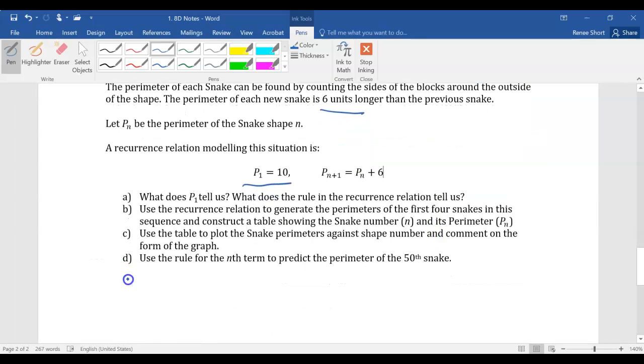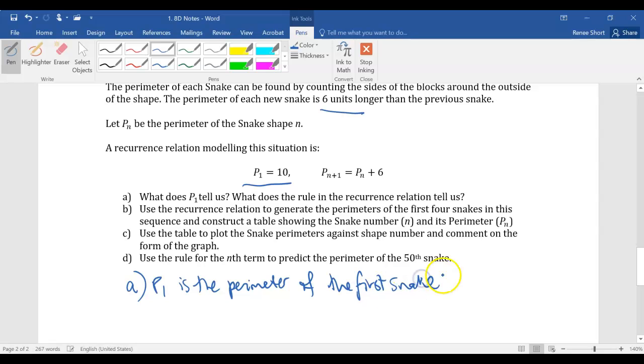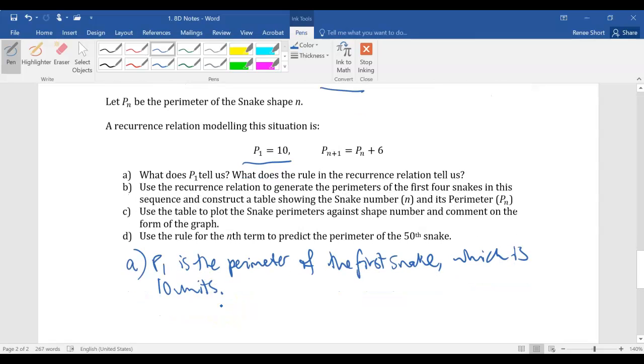Part A, it says, what does P1 tell us? Well, P1 is the perimeter of the first snake, which is 10 units. This question also says, what does the rule in the recurrence relation tell us?